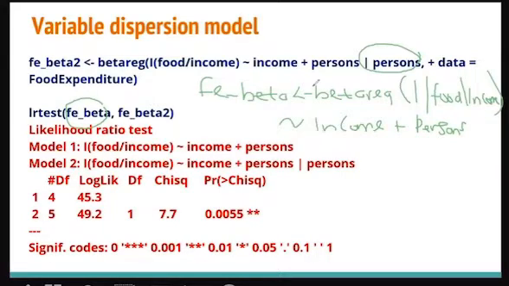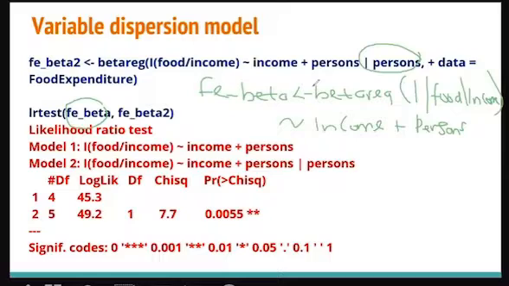Because you already have your income, that's why I'm not considering income. Even though income is one of the factors, the variable that could cause huge disparity is persons, depending on the number of people you have in the household.